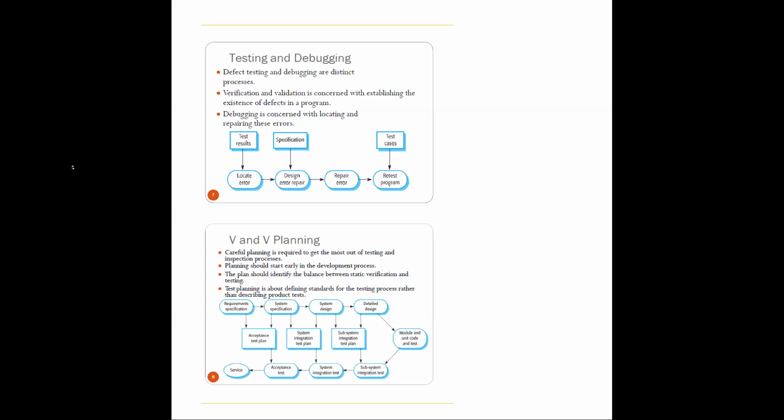If you have very good planning, you'd get the most out of your testing and also your inspection processes. So please use this diagram for your V&V planning, starting from the requirement specification to the end of the activity required for your planning.